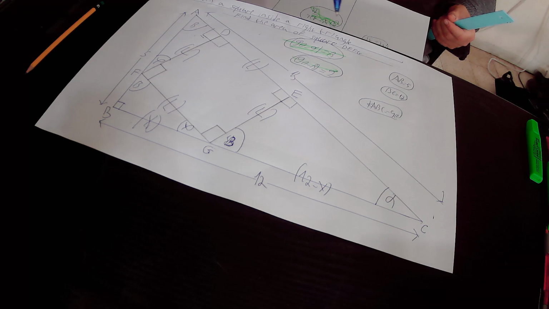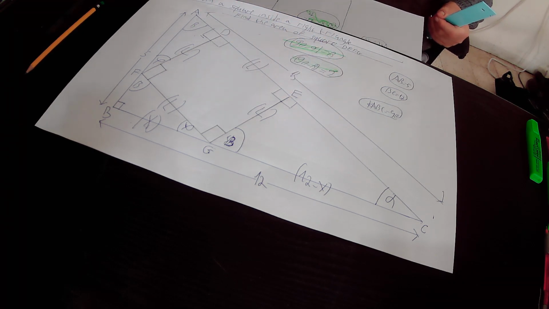GC over EG in the right triangle EGC is equal to AC over AB in the big right triangle ABC.